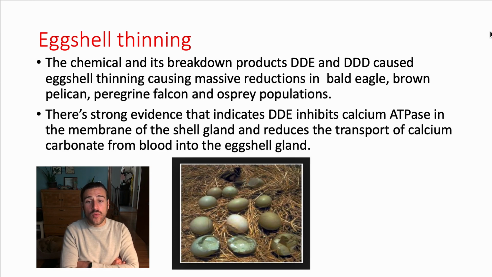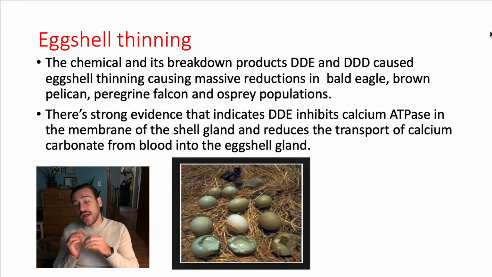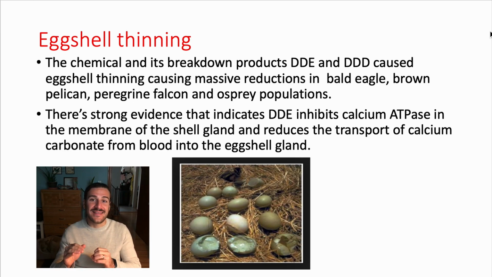So for whatever reason, there are these specialized physiological structures, glands, that filter calcium out of the bird's blood and take that calcium and form an eggshell. These molecules stop that physiological process.